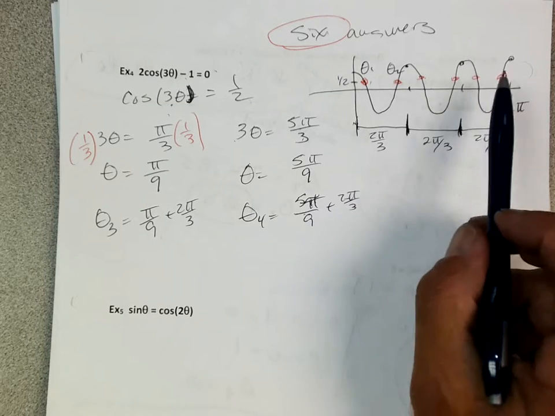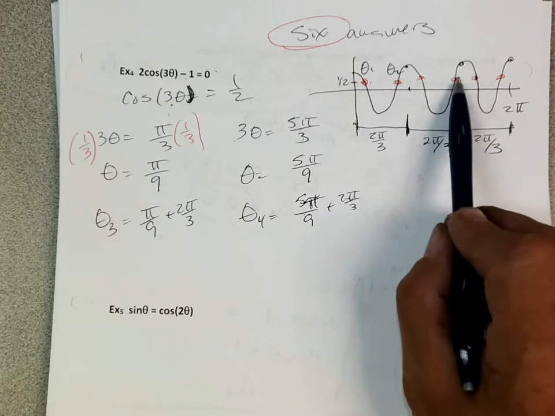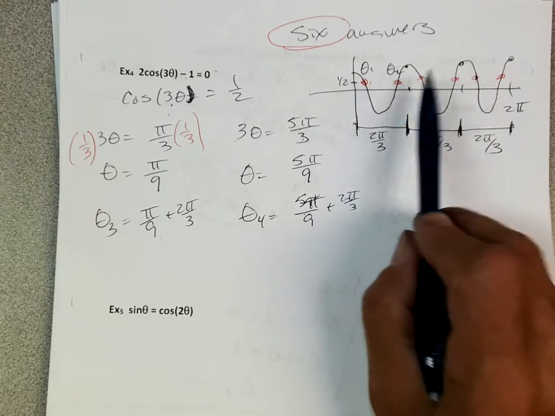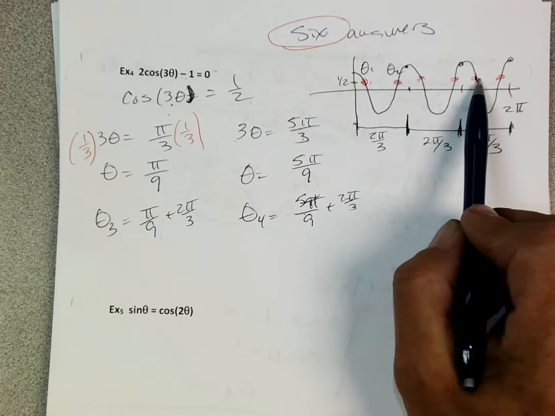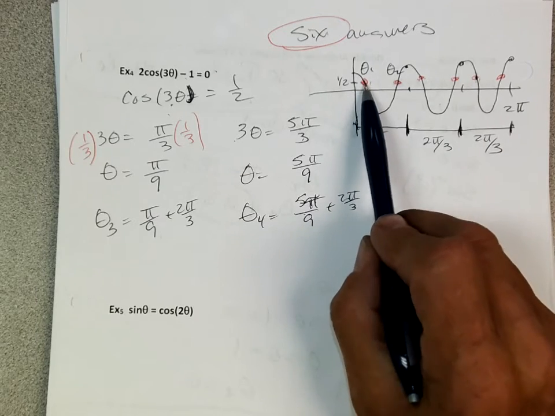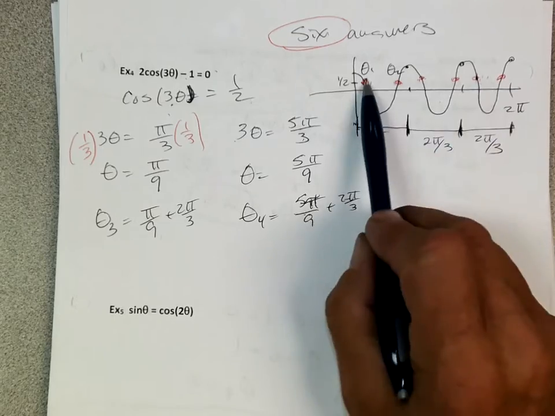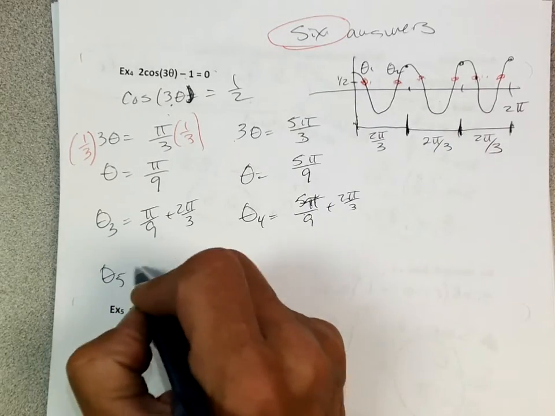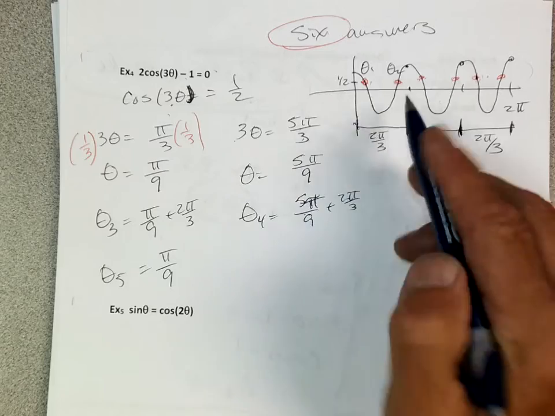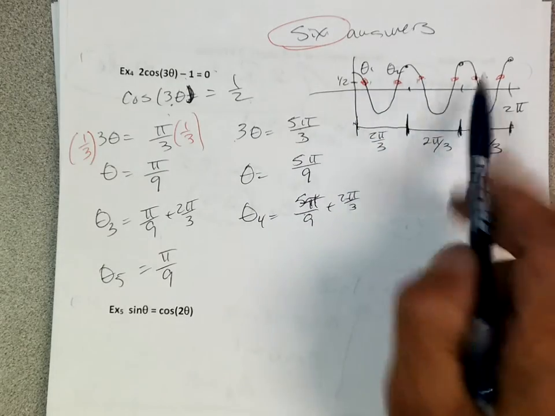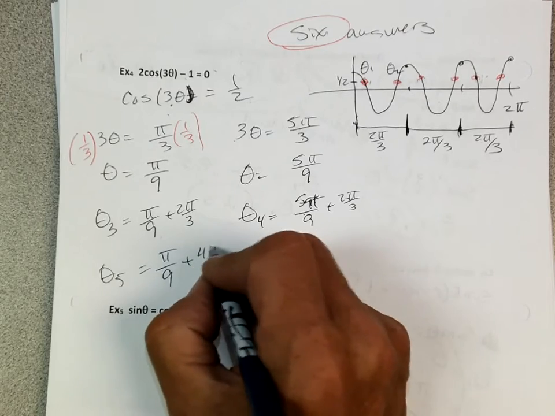Okay, now I've got an angle way over here. So for this angle, add 2 pi thirds, add another 2 pi thirds, and that gets me all the way over here. So we take this angle, theta 5, which is your pi ninths, add 2 pi thirds, and add another 2 pi thirds. So I'm really going to add 4 pi thirds, okay?